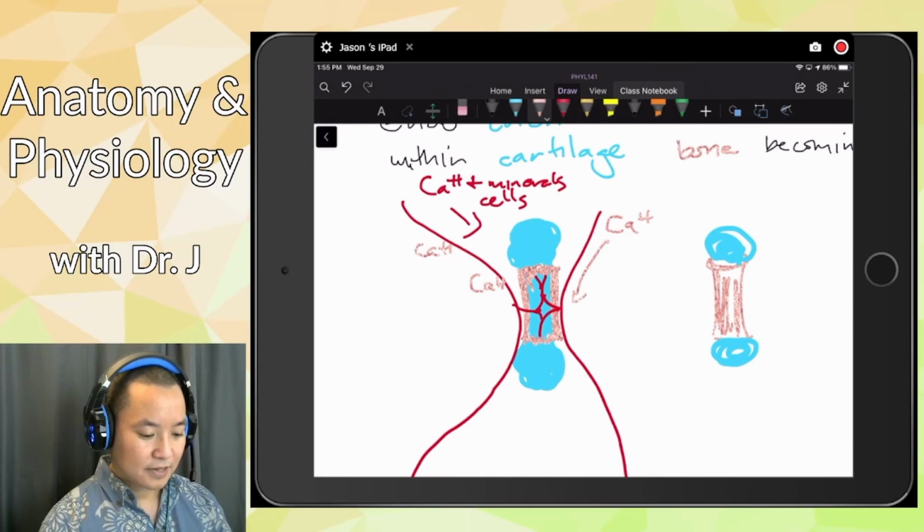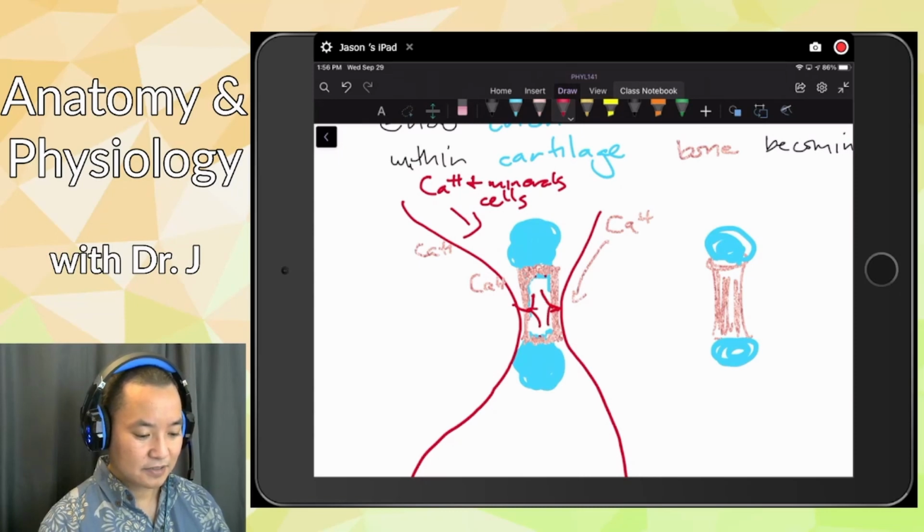So as this inner part calcifies, this is called the primary ossification center. It still has blood vessels, but what's going to happen is that it's going to form a little pocket. It still has blood vessels, but we're just showing that now this bone is hollowing out.